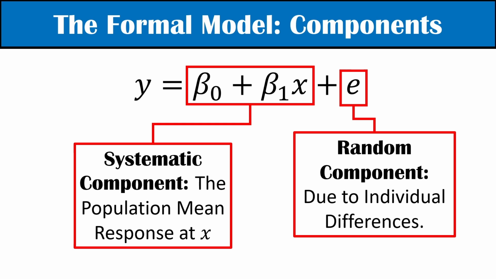That would be a systematic change in chess playing strength due to the number of hours a person spends watching the chess videos. That's the systematic component. The random component is due to individual differences because if one person watches, say, 50 hours of chess videos, their chess playing strength would change by some number. If another person watches the same 50 hours, their chess playing strength would change by a different value. Why? Because of individual differences. Those individual differences are taken up by this random component.